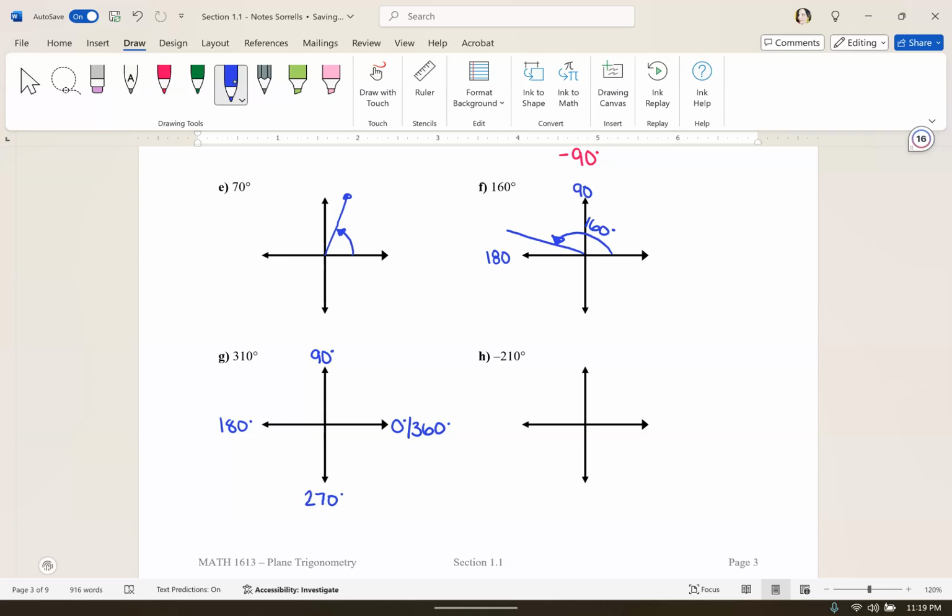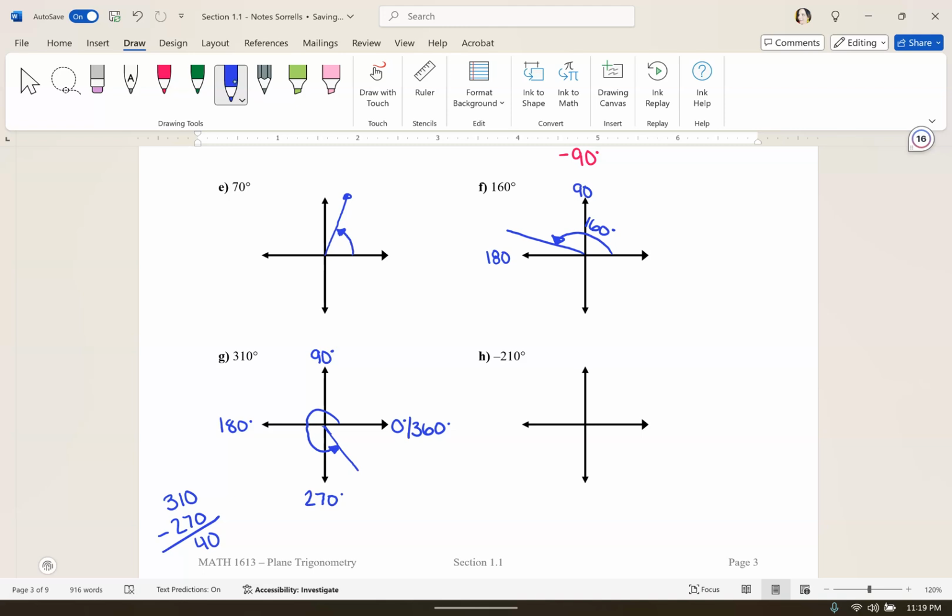But how much past 270 am I? Okay, so off on the side, if you need to find out, 310 minus 270, and we have a difference of 40. So again, I'm not directly in the middle, so a little bit lower than that, or less than that, I should say. And then just show me the direction that we go.